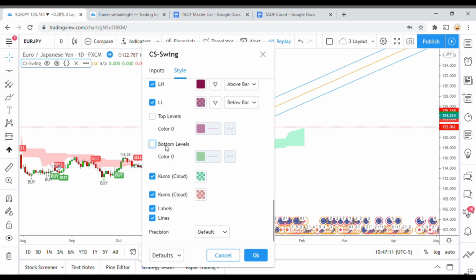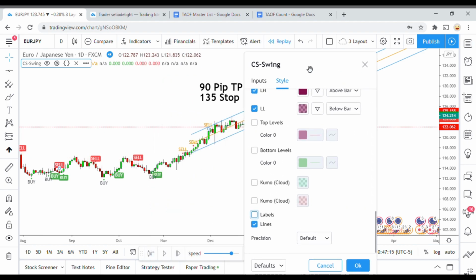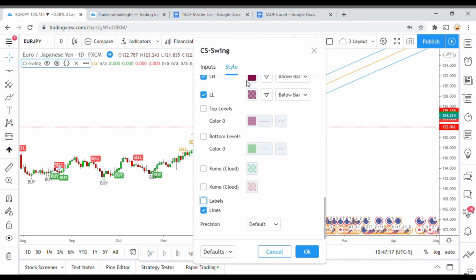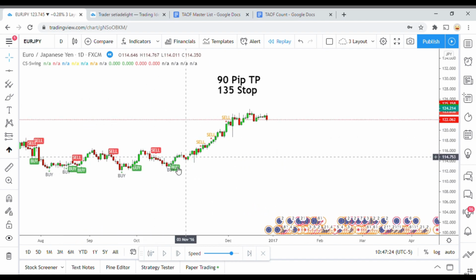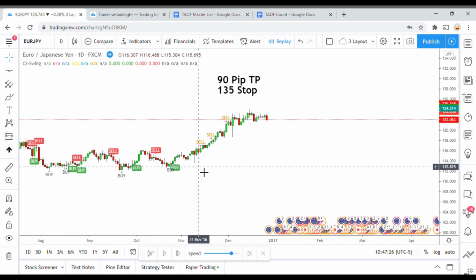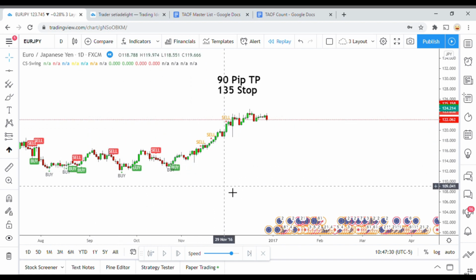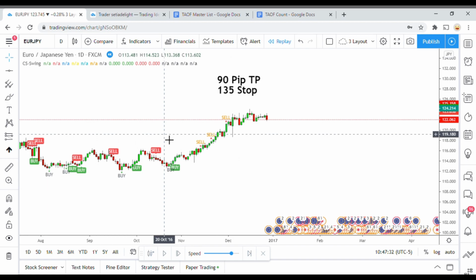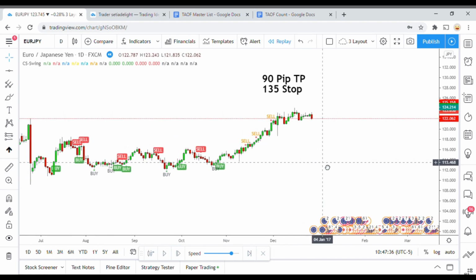Keep in mind that when we turn off the visibility, it is not changing their calculation. We're not turning the calculation of that particular piece off. We're just changing the visibility, making it invisible, basically.